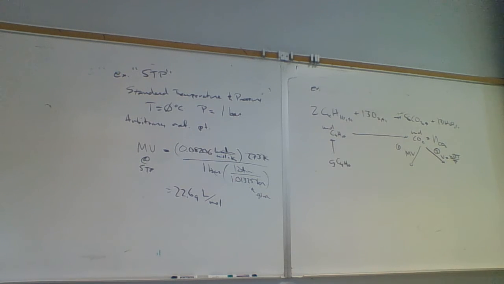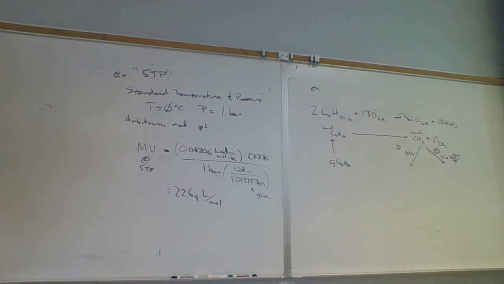So 4 times 12.01 is going to be 48.04, and this is just going to be 10.10. So this is going to be 58.14 grams of butane per mole of butane. The grams of butane cancel, leaving us with moles of butane.